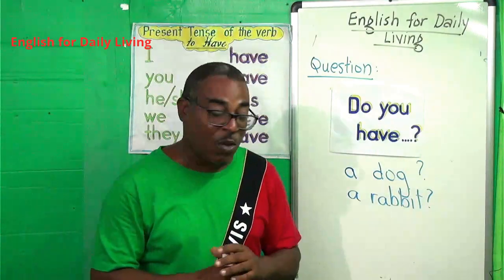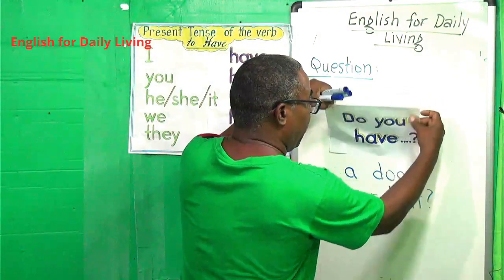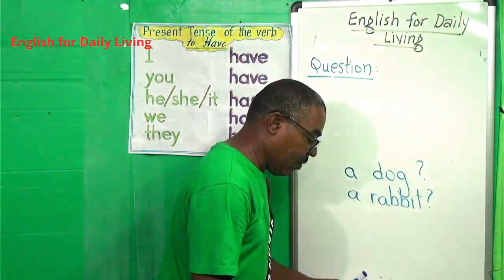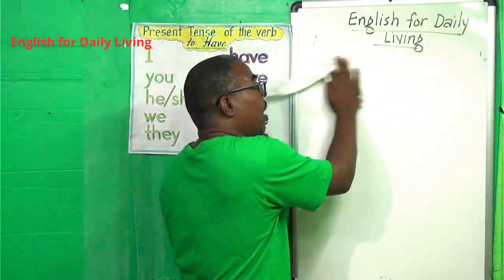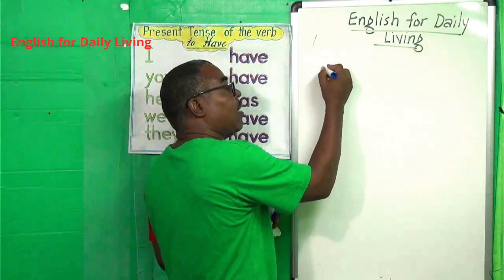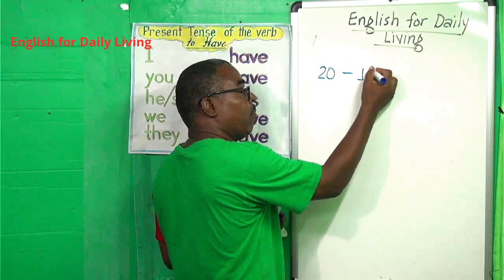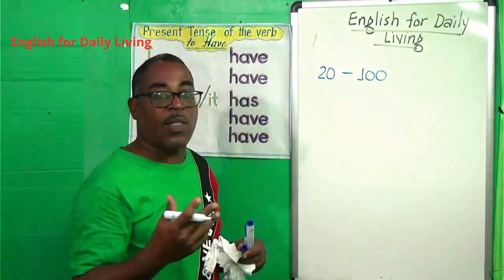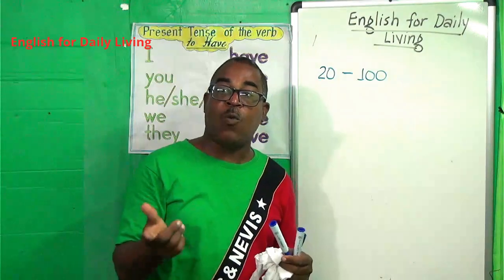So very quickly, let us recap the various concepts that we looked at in today's edition. Today in English for Daily Living, we looked at the cardinal numbers from 20 onwards to 100: 20, 30, 40, 50, 60, 70, 80, 90, 100.